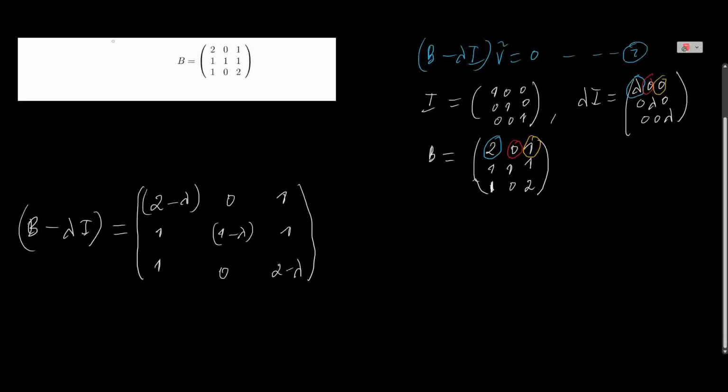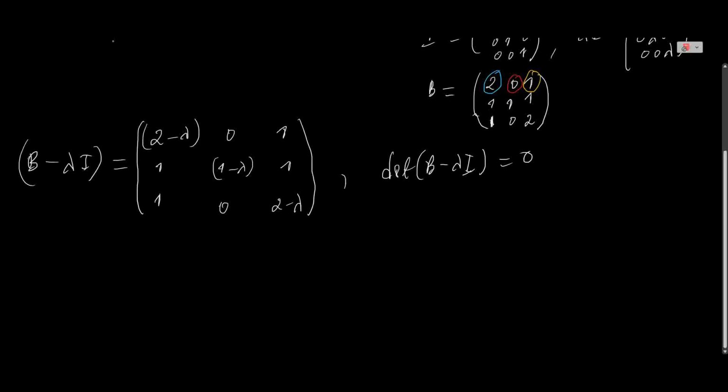So we have to look for the determinant of B minus lambda I, equate that to 0, and solve for the value of lambda. We already saw earlier that the determinant is computed by considering the parity and a pivot.